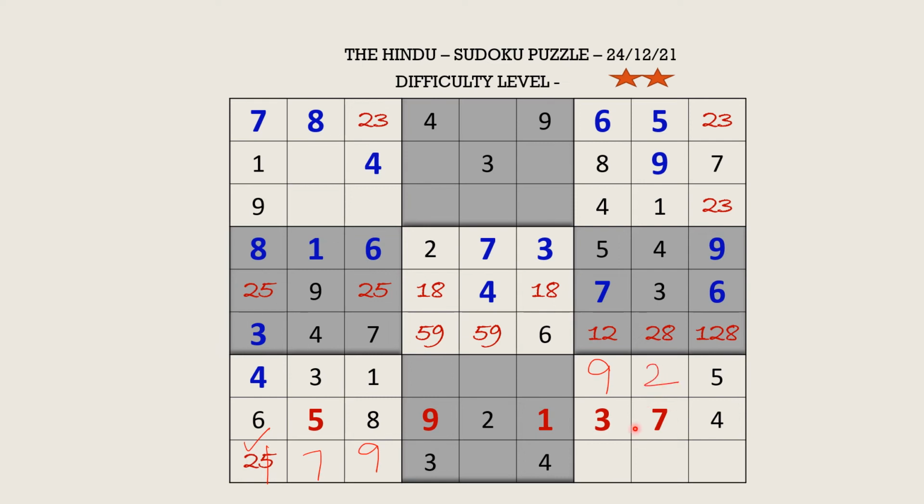Now the missing numbers are 1, 6 and 8. So here we have 6 and 8 blocking. So this is a 1 and we have a 6 blocking here. This 6 blocks here. So this is 8 and this is 6.